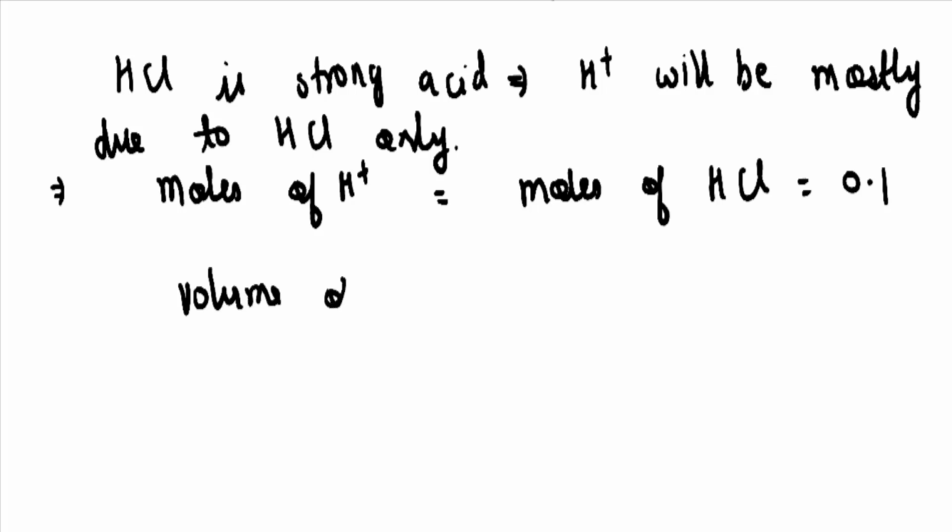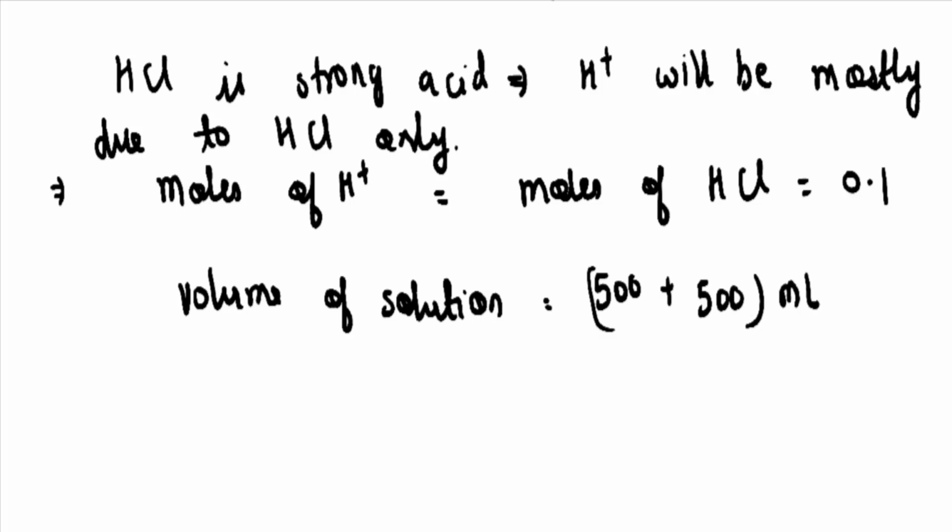Also, volume of solution will be equal to 500 plus 500 ml, because we have 500 ml of acetic acid solution and 500 ml of HCl solution, so it will be equal to 1 liter.